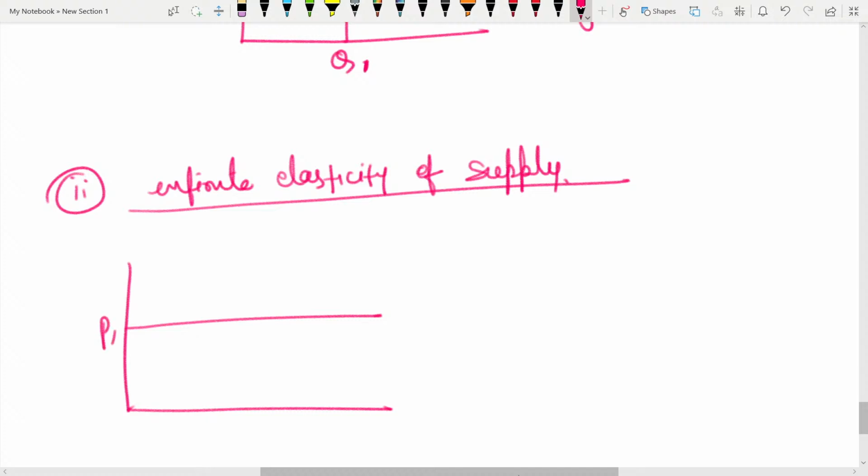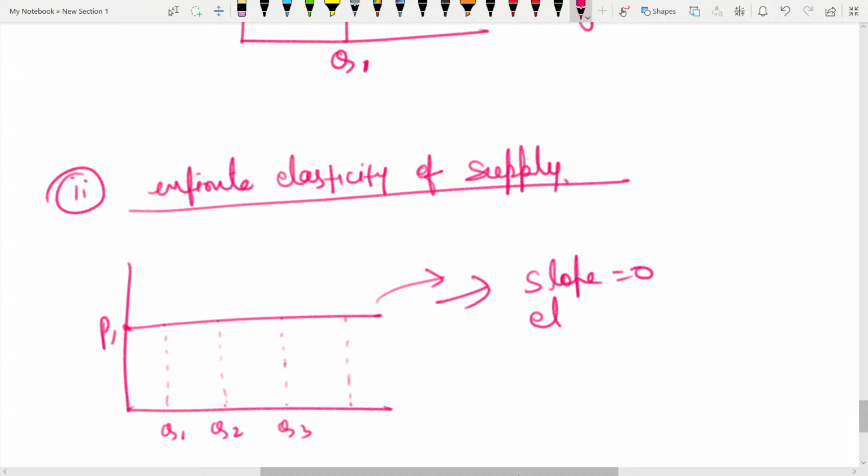At the same existing price, Q1, at the same existing price, Q2, at the same existing price, Q3, and so on. The producer is able to produce any quantity of supply at the same existing price. In this case the slope is zero and elasticity is very high.